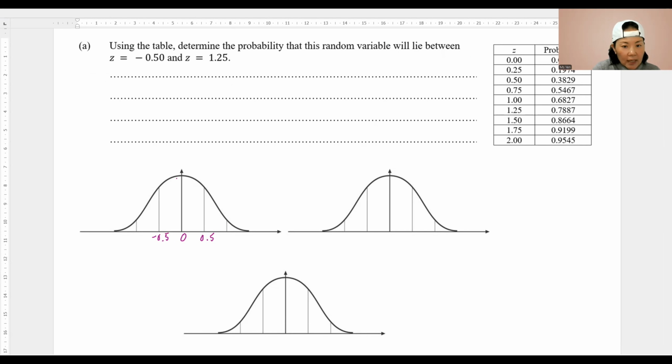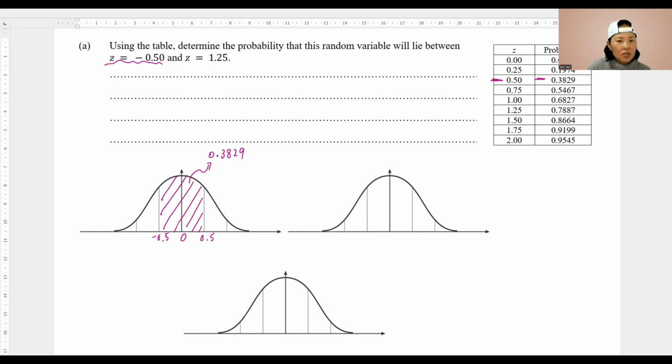So we're looking at the area in between those two z-scores. This is represented on here, and our area, which is a probability, is 0.3829. So that was z-score of negative 0.5.